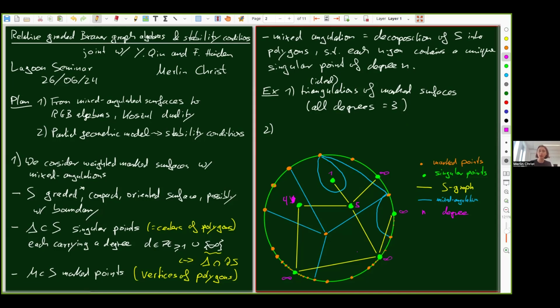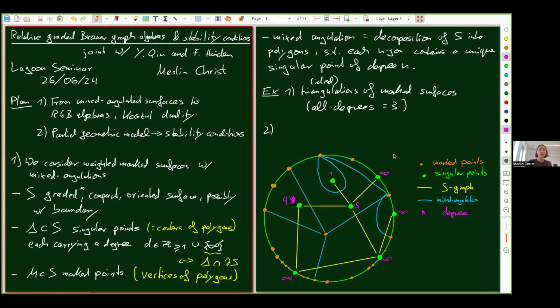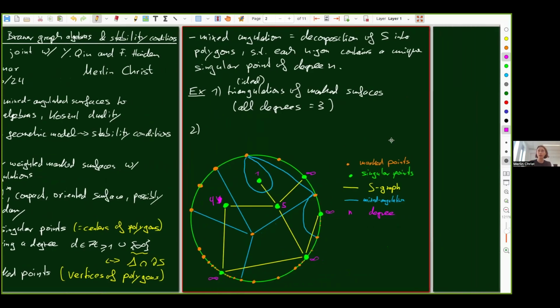So if you look at the singular point on the boundary, you will have an infinite-gon, right? Because there's infinitely many marked points in this polygon here. So it's really an infinity-gon, and the singular point lies in the infinity-gon. Okay, right. So it's a fairly general class of surfaces with decorations, which we are considering here.